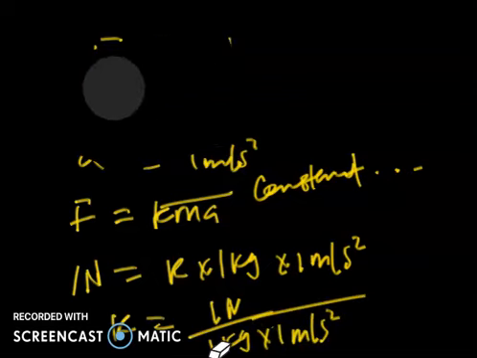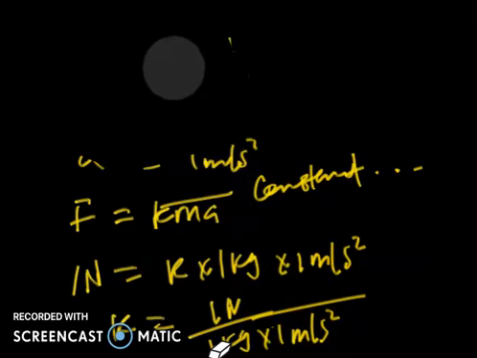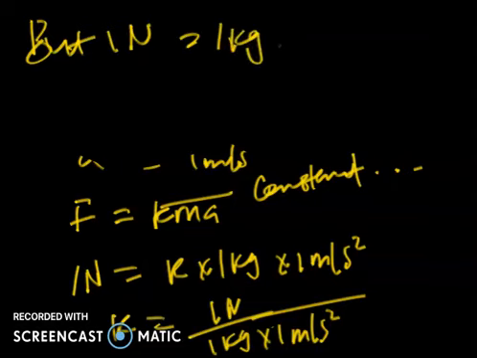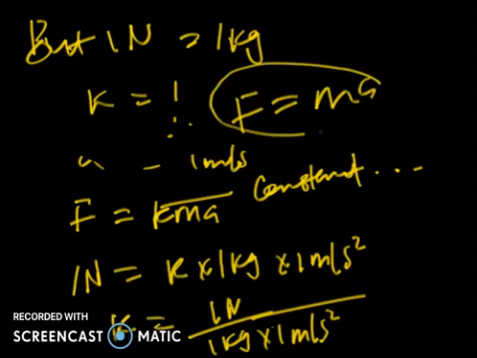Of course, from this equation, we know what 1 Newton is. So we can say that 1 Newton is equal to 1 kg meter per second squared. And this will leave us with k equal to 1. Therefore, we can say that F is equal to ma. And this is how we derive the second law of motion formula.